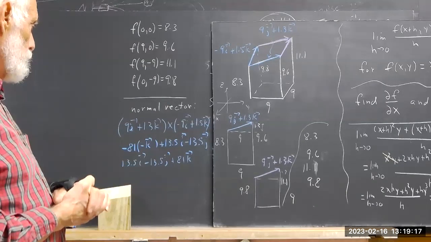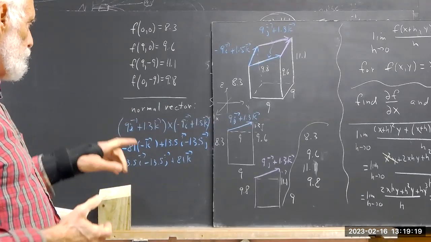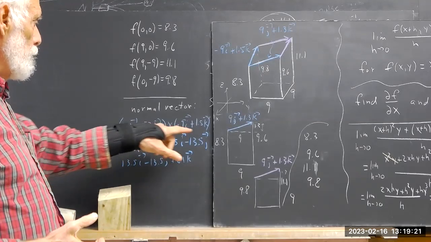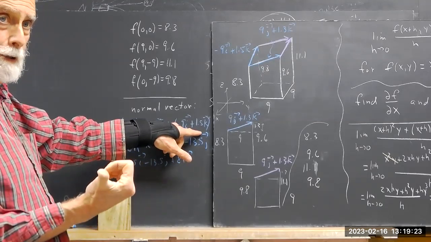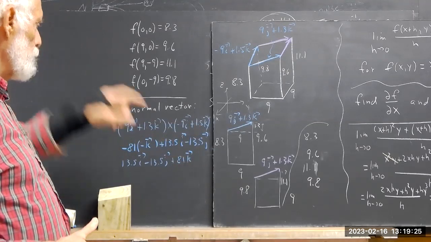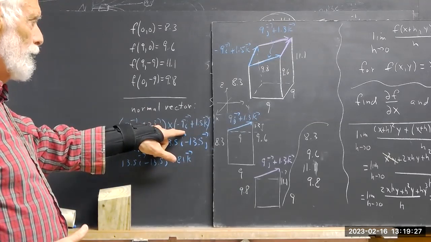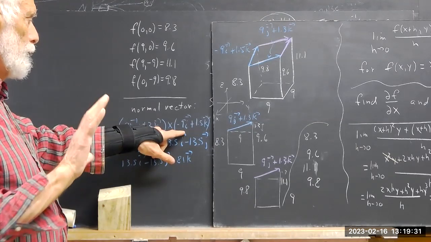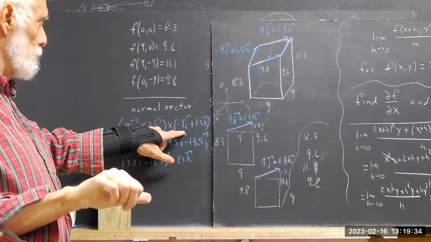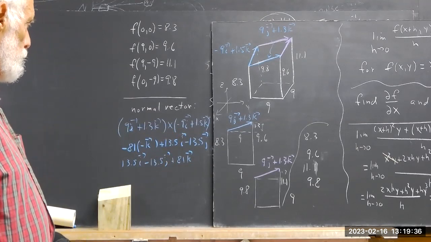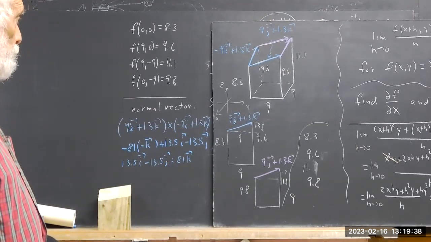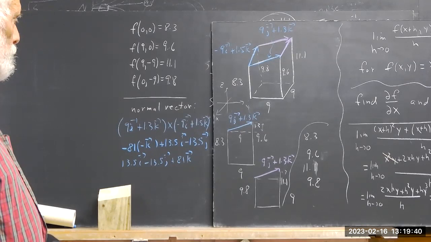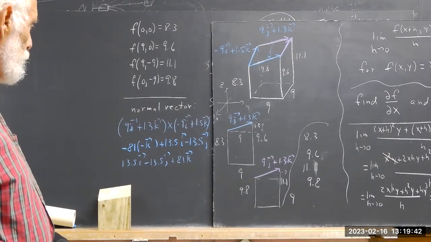Where did I get that? J cross K is I, and K cross I might have been I cross K. K cross I gives me J. We're getting negative 13.5 there.